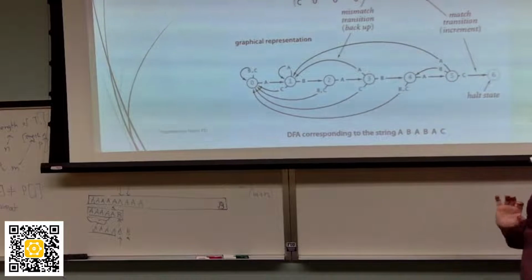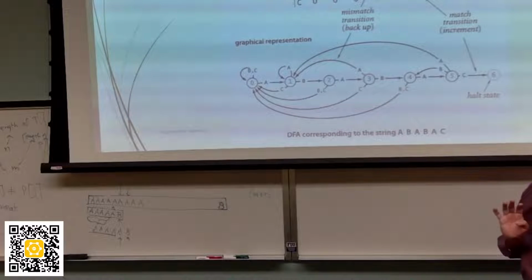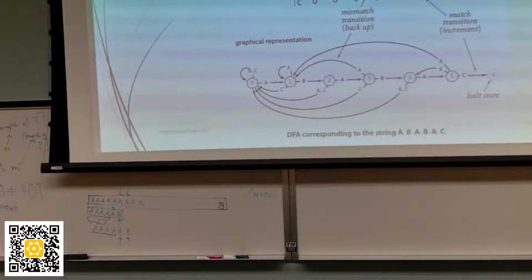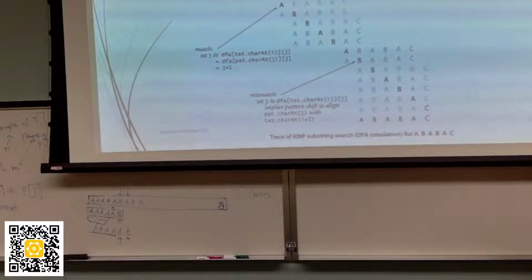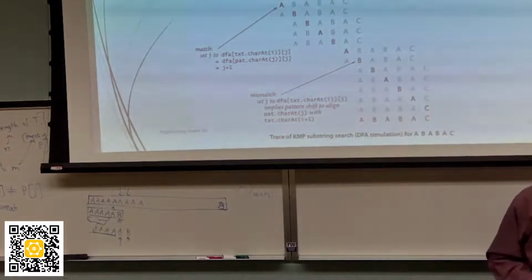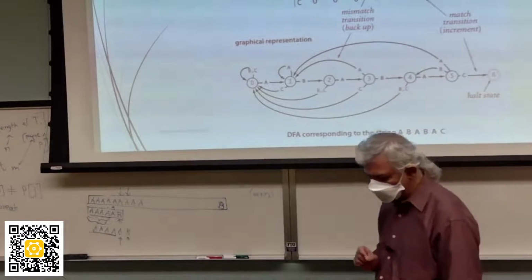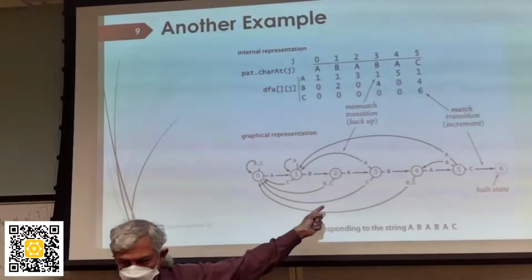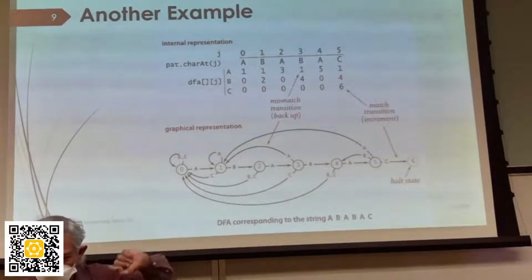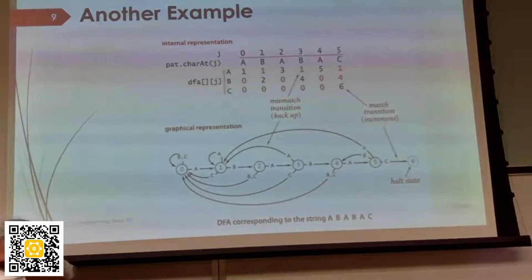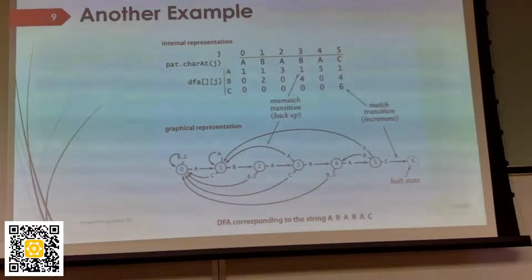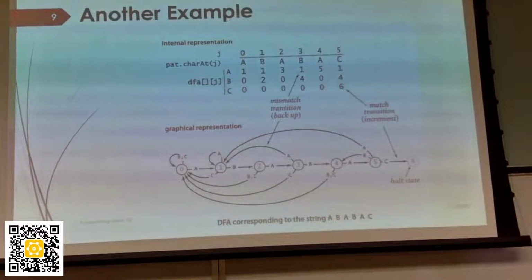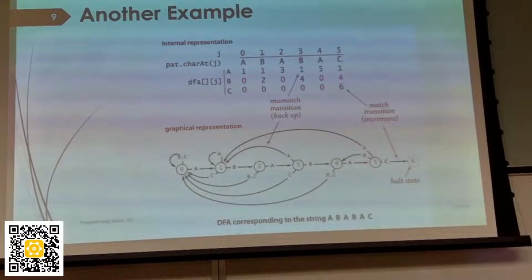If you can figure this out, then the algorithm is not so difficult, and I'll show you what that looks like. But before we do that, we're actually going to see an example. So here is the best part of all of this. When you created this state diagram, you created it by only looking at the pattern and not at the text. I don't care what the text looks like.